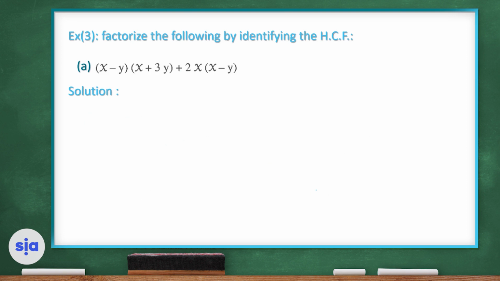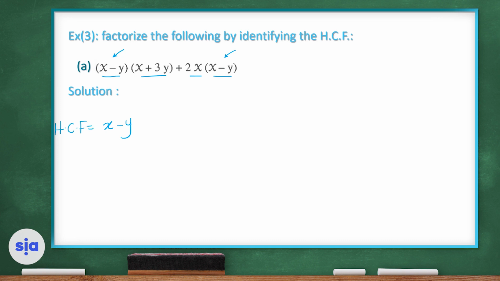Exercise number 3. Factorize the following by identifying the HCF. Here we have two parts multiplied together, and here we have two parts multiplied together. As you can see, the x minus y and the x minus y are common. So this is your HCF.